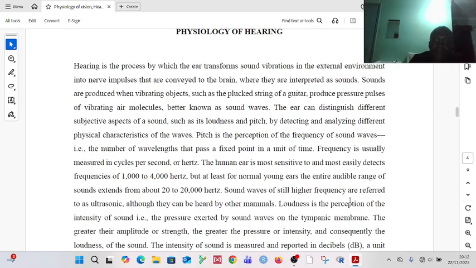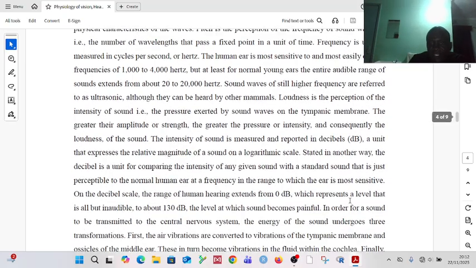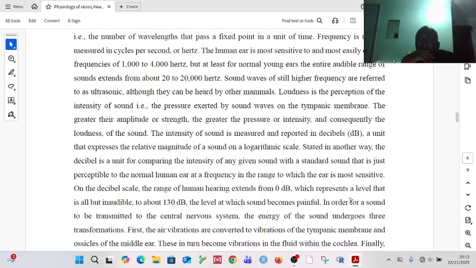Okay. Then now loudness. Loudness refers to the pressure that is exerted by the sound waves on the tympanic membrane. The tympanic membrane is what we call the eardrum. So if there is a lot of pressure from a particular sound wave that is hitting your eardrum, then you say this sound is too loud.